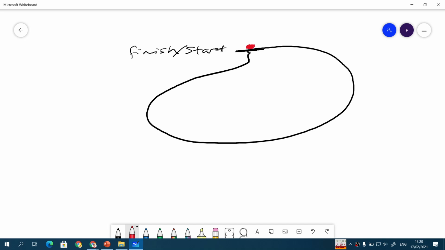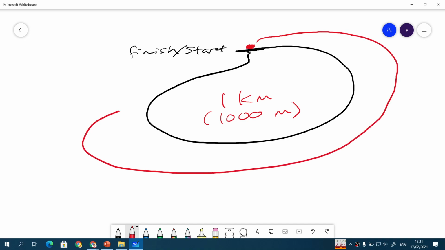Assume this is the car, and the track is 1 kilometer, or the same as 1,000 meters. The car moves from the starting point to the finish line, traveling from start to finish in 50 seconds.